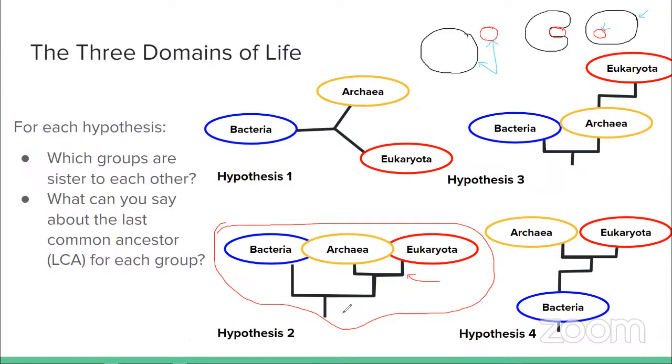So within this hypothesis 2, we would expect that this happened somewhere after the branching between the archaea and the eukaryota, because we don't see those organelles in archaea. We do see them in eukaryotes. So somewhere along here, which then also gives rise to our ability to be multicellular, right? Our eukaryotes are the only multicellular group, so we would expect that to be somewhere along here as well.